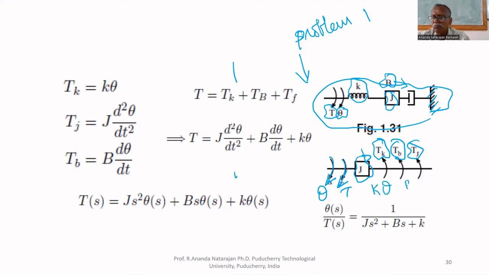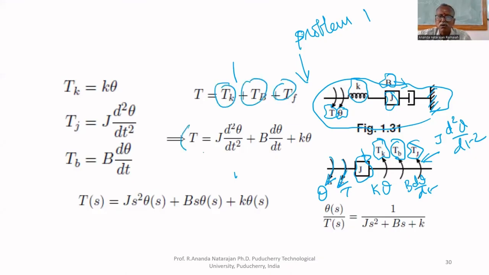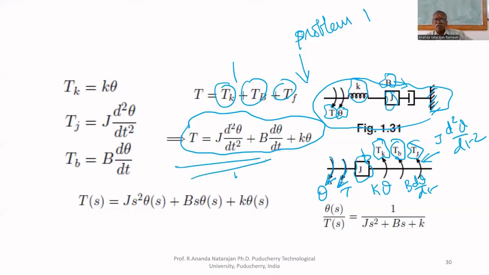Tb equals B d theta by dt. Tj equals J d square theta by dt square. So if you substitute these values, we get T equal to J d square theta by dt square plus B d theta by dt plus K theta. This is the mathematical model in time domain.